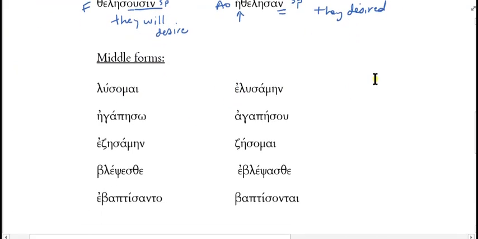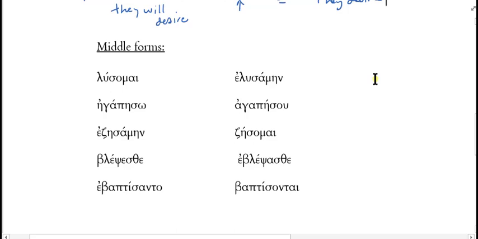Now let's look at the middle forms here and also practice distinguishing between the future middle and the aorist middle. One of the things that I do want to remind you of is that in the aorist, middle does not equal passive, okay? In the imperfect and in the present, middle and passive forms are identical to each other.